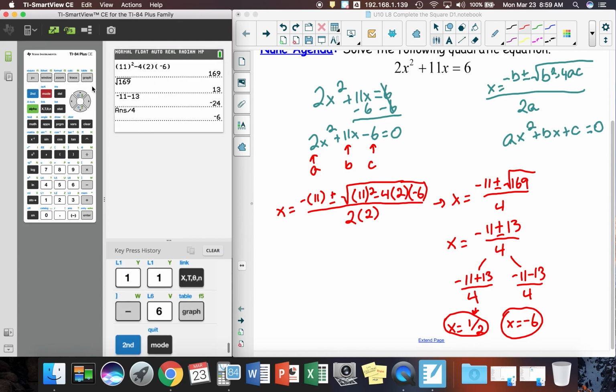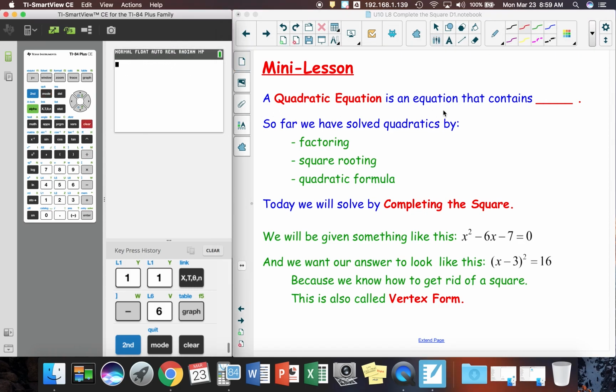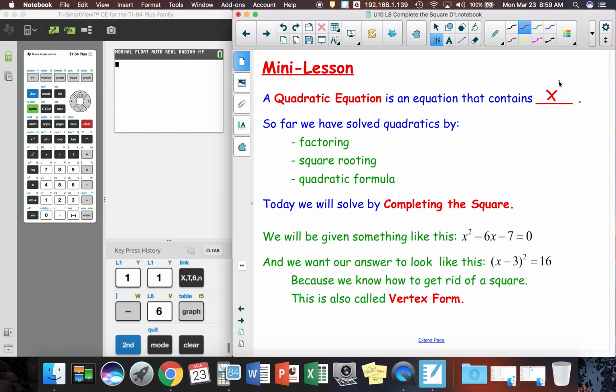Alright, let's move on with today's lesson. So again, a quadratic equation is an equation that contains x squared. And we've learned how to factor in order to solve equations, square rooting, and the quadratic formula. Today, we're going to work with completing the square.